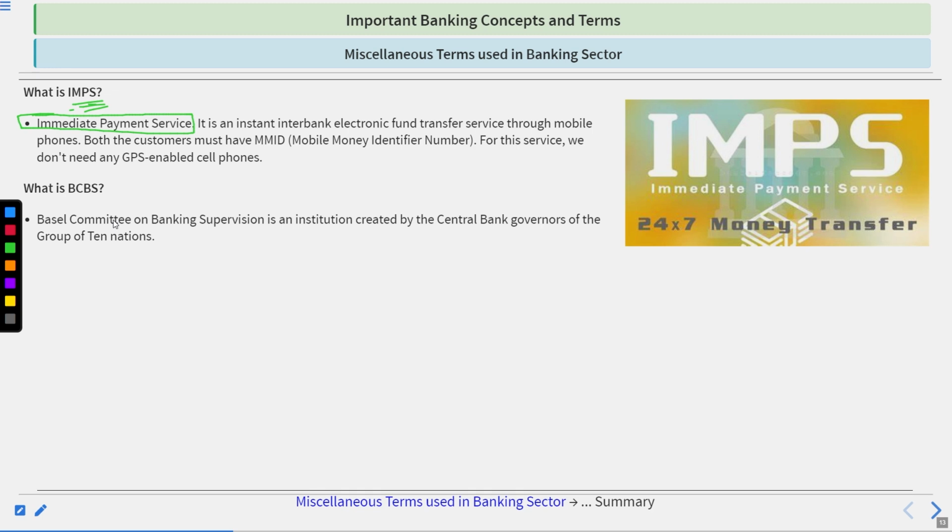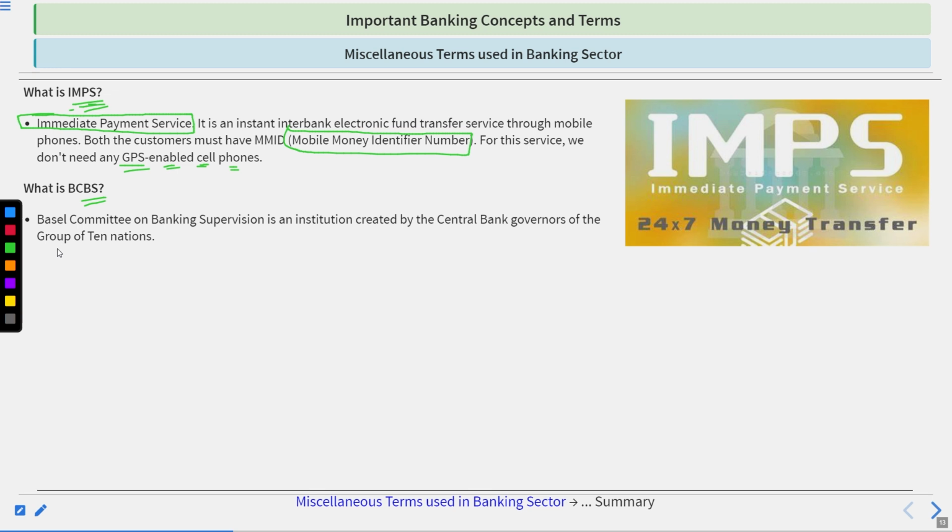Both customers must have an MMID, mobile money identifier number, so that the sender and the receiver can be identified by the banks easily. For this service, we do not need any GPS enabled cell phones. We can use normal cell phones also. Basically, it facilitates transactions without visiting the bank physically.